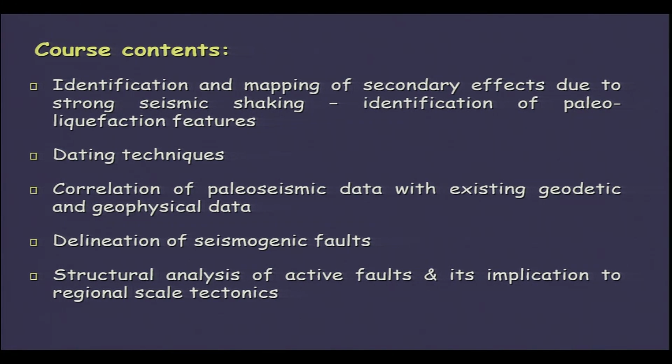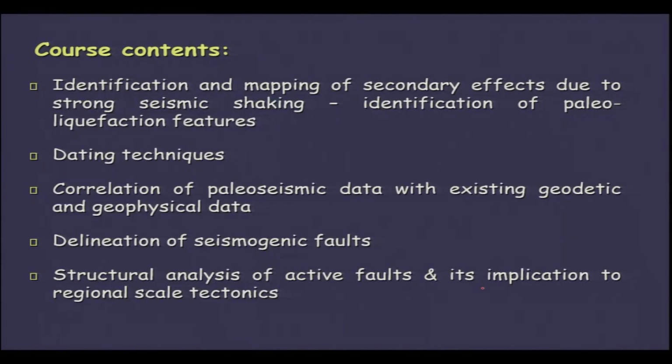In this we can correlate what type of active fault we have identified, whether it is a reverse fault, thrust fault, strike slip fault, or a normal fault, and what the implications are on the regional tectonic framework, whether these faults are indicative of some segments, or they are telling us something about how the pattern of deformation has changed over time. So, this part is important.